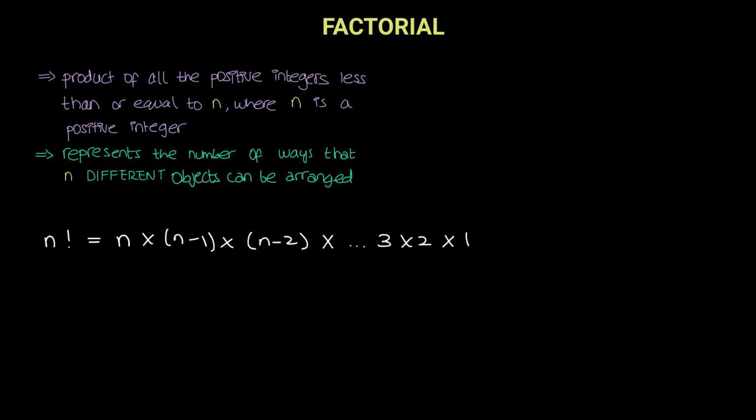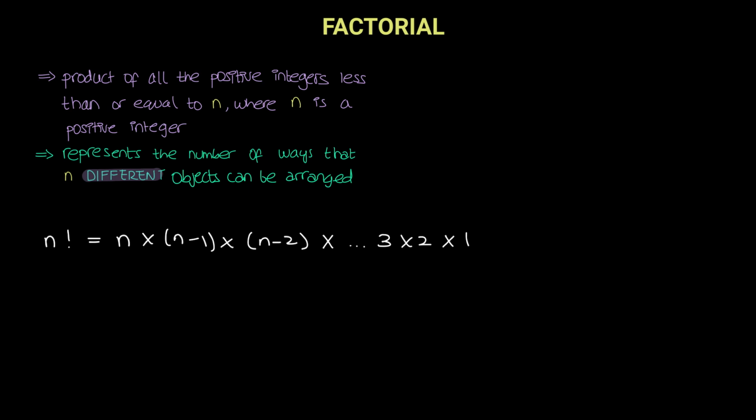And another definition for a factorial is that it represents the number of ways that n different objects can be arranged. It is very important to realize that the objects you are arranging need to all be different. They need to be distinct.